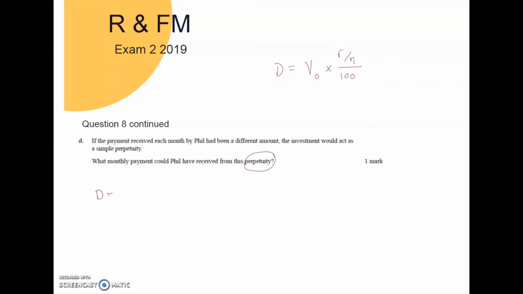So we know Phil invested, so our V0, $200,000. The rate was 4.2%, compounding monthly over 100. And so when we calculate that, we get $700 as his monthly payment amount. So quite different, but it means because it's a perpetuity, the investment amount is the account balance remains stable.